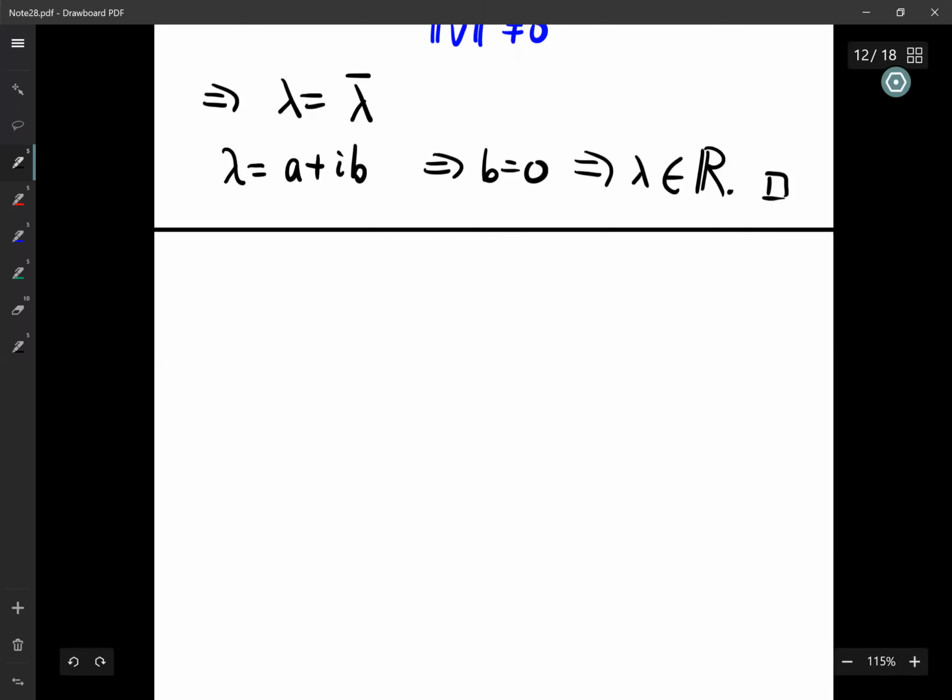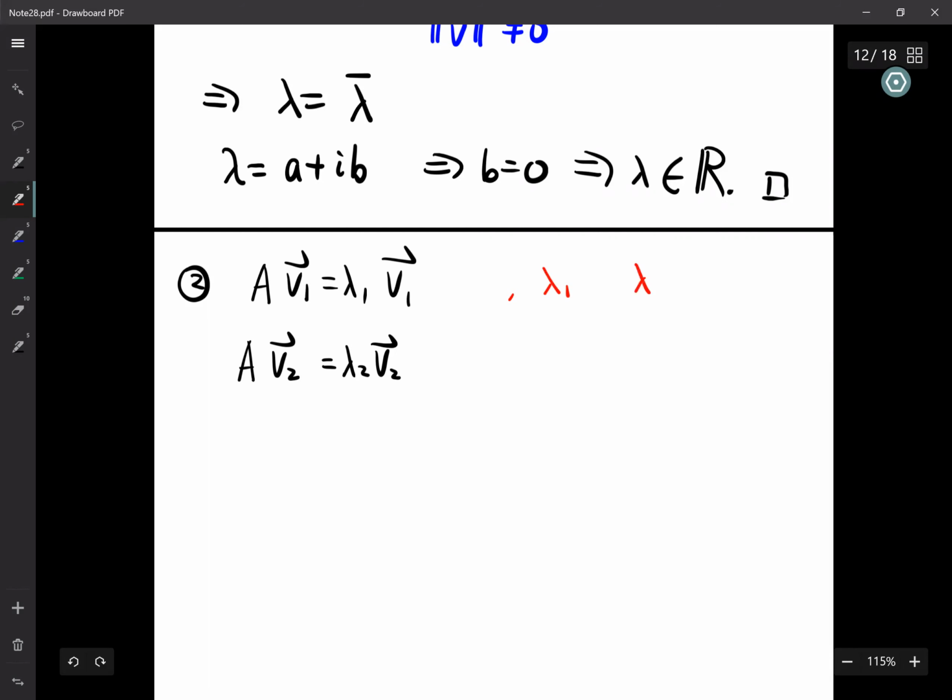Okay, so the second part. The second part is that if I have two eigenvectors corresponding to two distinct eigenvalues, now due to 1, I know that lambda 1 and lambda 2 are real.